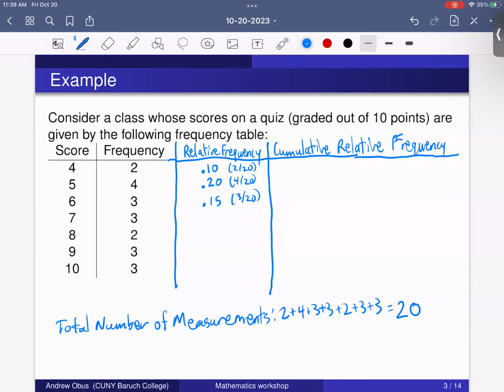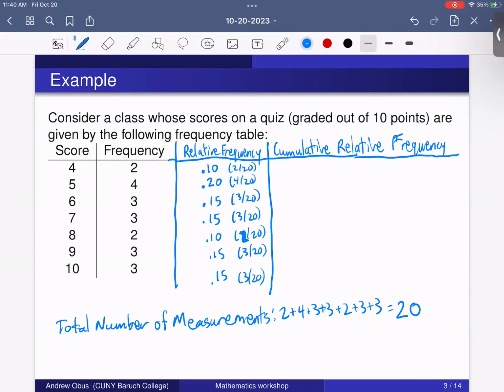So I'll fill in the rest of the table. 0.15. 2 is 0.10. That's 2 divided by 20, and then we have 3, and then another 3, so 0.15 and 0.15. Okay, so this is our column for relative frequency.